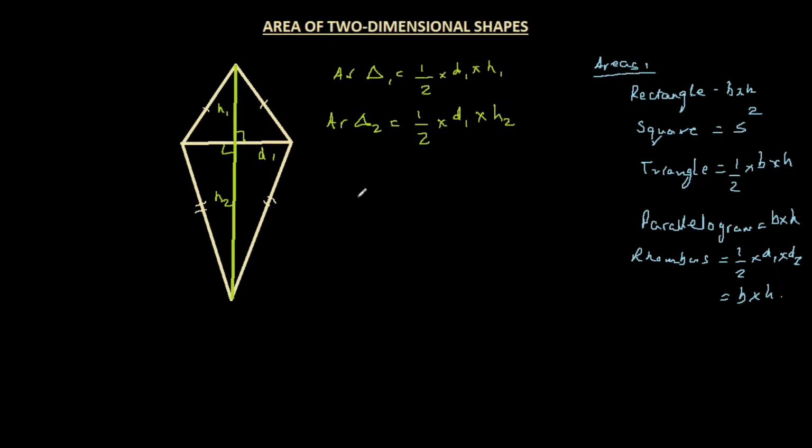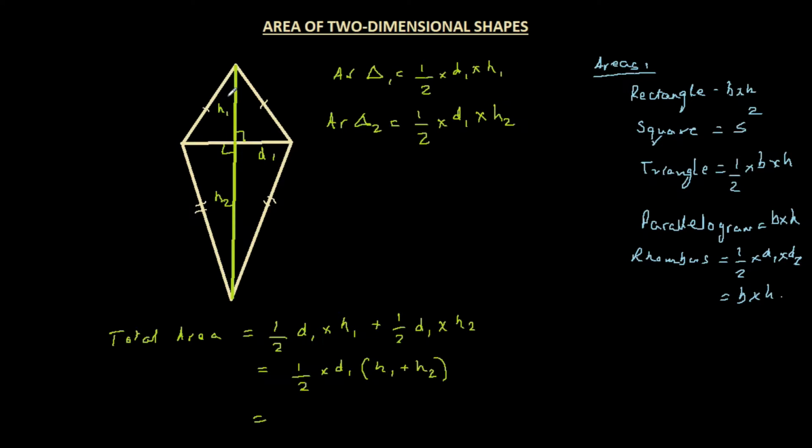So again, the area of this kite figure would be the sum of the two areas, which is half times d1 times h1 plus half times d1 times h2. So we can again take half d1 as common, and within brackets we can get h1 plus h2. Now like before, h1 plus h2 is the other diagonal of the kite.